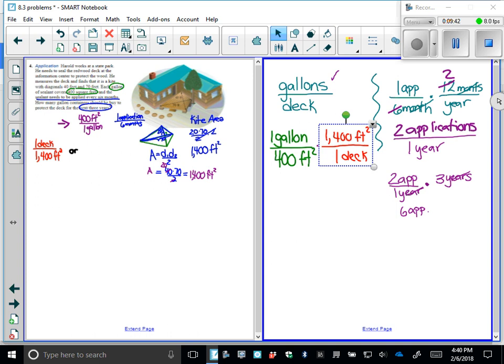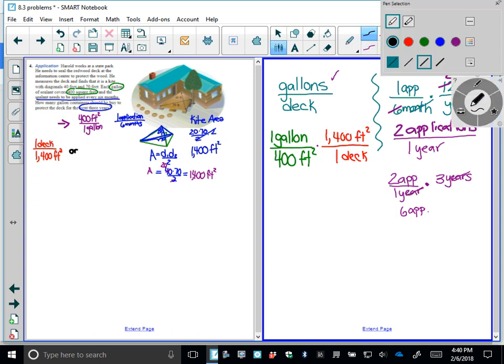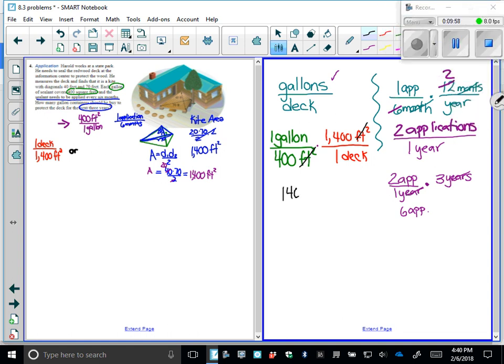And now I look at my units. In my units, the squared feet cancel out. So now I have gallons per deck. So I just have 1,400 divided by 400, and my units would be gallons per deck. And then I could simplify both of those by 100.